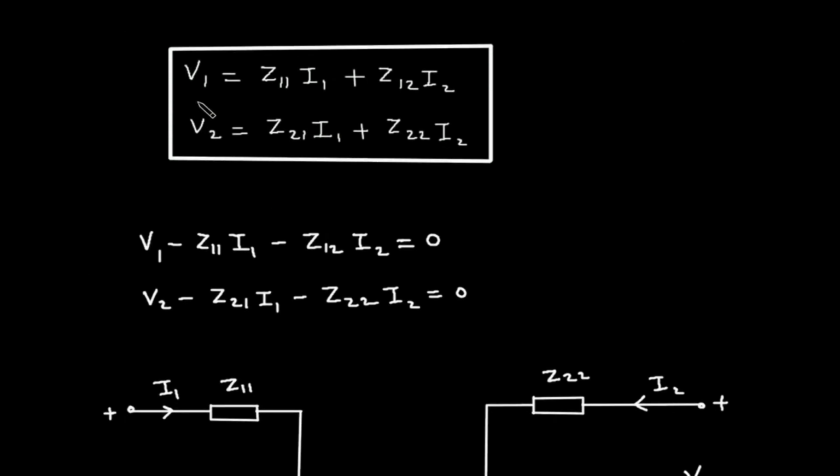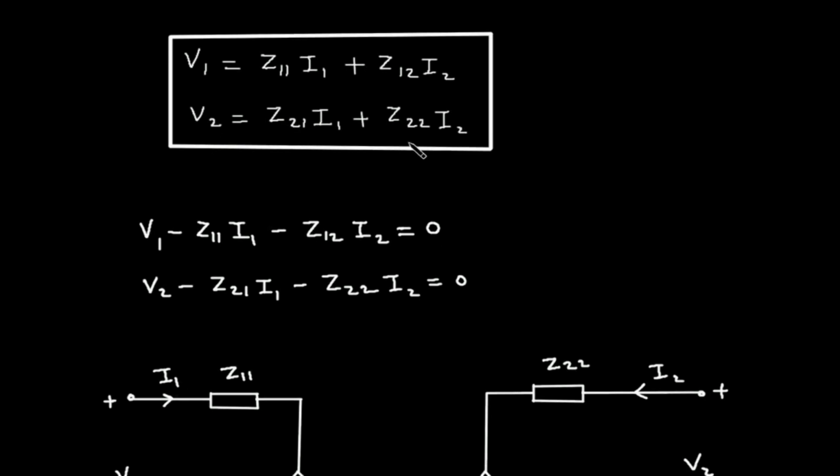Again, the equation for Z parameter is V1 is equal to Z11 I1 plus Z12 I2 and V2 is equal to Z21 I1 plus Z22 I2. So when we take the RHS to the left side, this equation will be V1 minus Z11 I1 minus Z12 I2 is equal to 0.